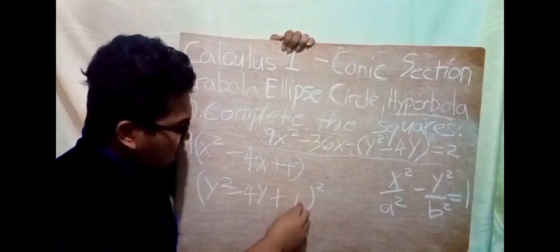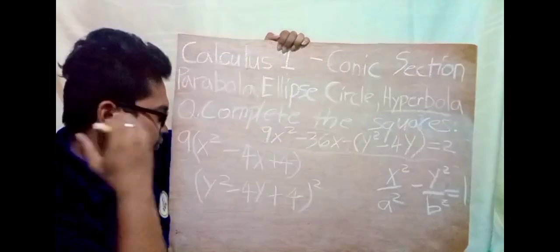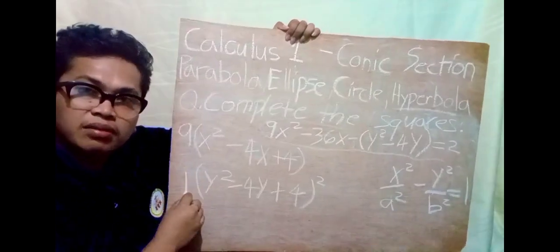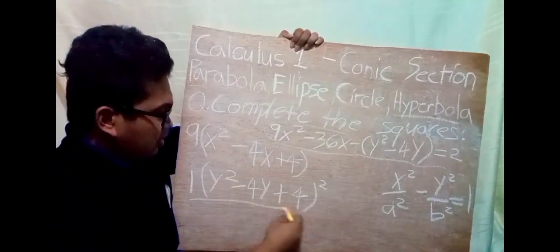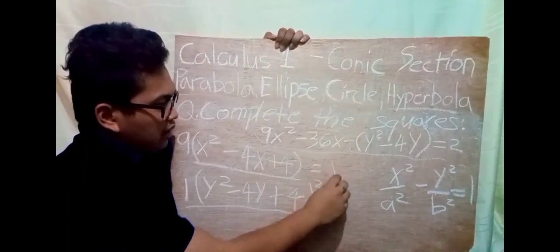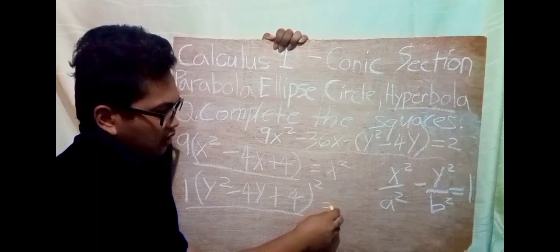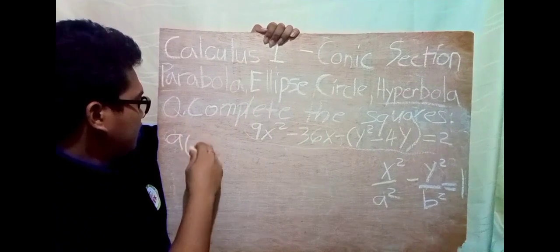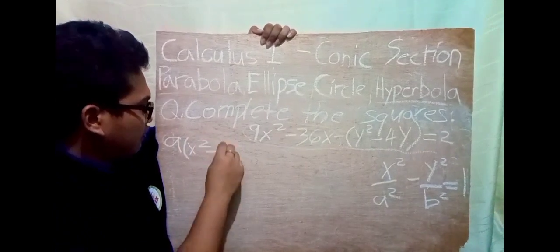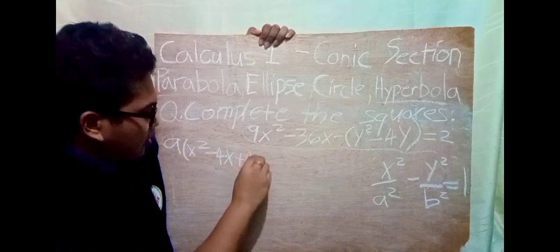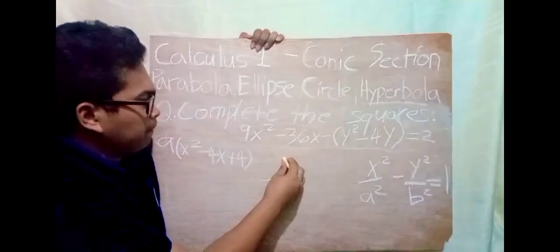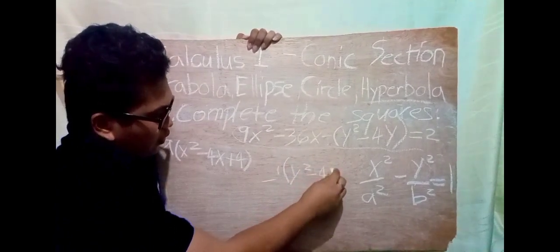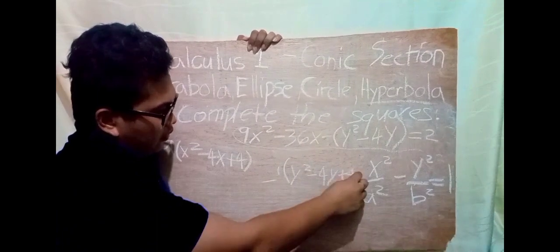So we now have 9 times x squared minus 4x plus 4, minus y squared minus 4y plus 4.